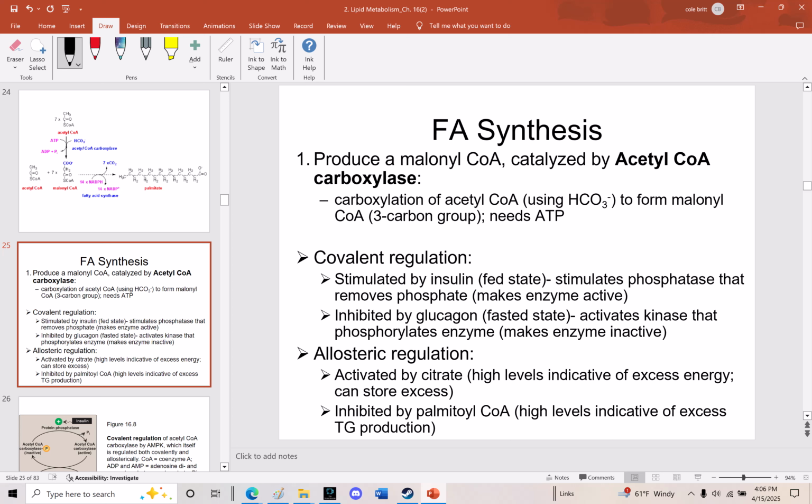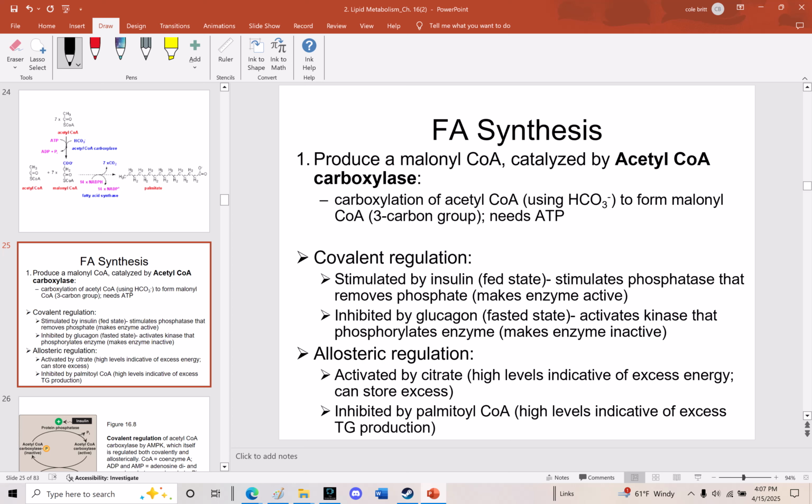And that's what happens. In covalent regulation, it's stimulated by insulin. Remember, insulin stimulates a phosphatase, which removes phosphate groups, and that makes acetyl-CoA carboxylase active. It is inhibited by the hormone glucagon, which again happens in the fasted state. Glucagon activates a kinase.